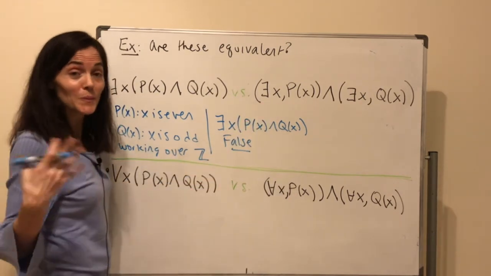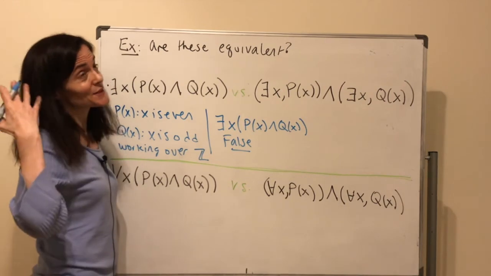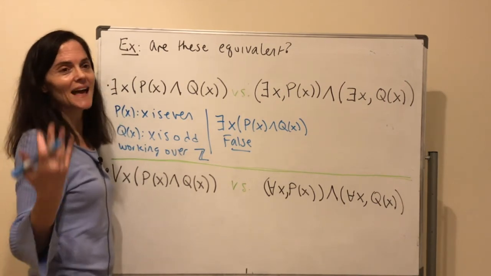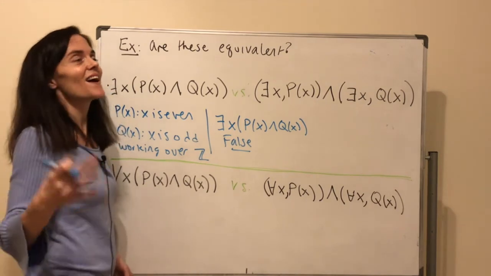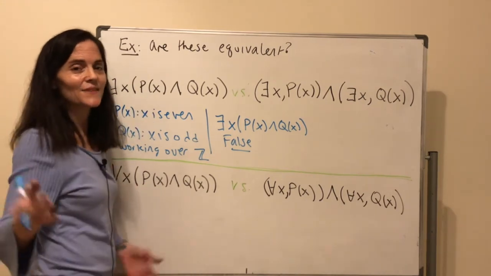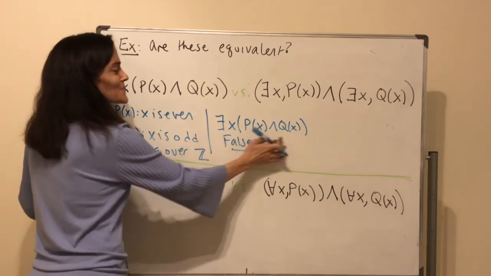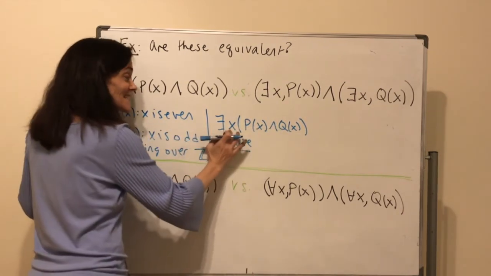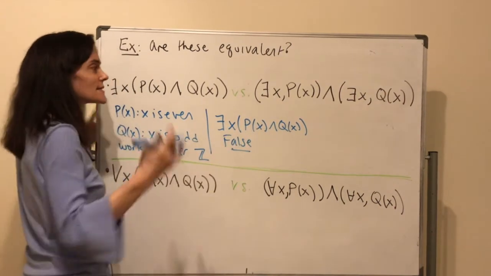In fact, we will prove this later using a proof technique called contradiction, but we can certainly think about it now, just knowing that the even integers are 2, 4, 6, 8, etc. The odd integers are 1, 3, 5, 7, 9. Of course, we have negative ones too, but there's no integer that's both even and odd. So there exists x in Z such that P of x and Q of x is false.